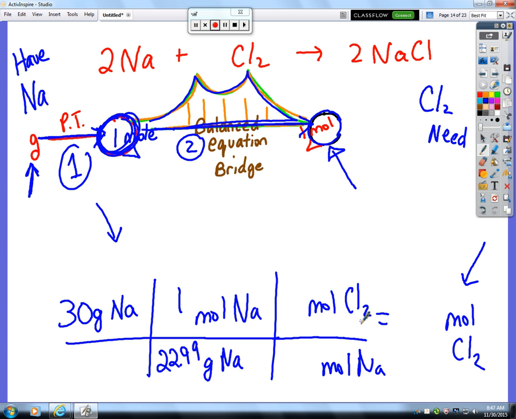I look at my balanced equation, and what's true? For every 2 of these, I need 1 of those. So I put 2 moles of sodium and 1 mole of chlorine, and now I do my math. I take 30 times 1 divided by 22.99 times 1 divided by 2, and I get 0.65 moles.